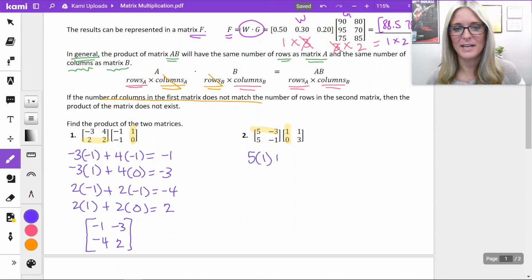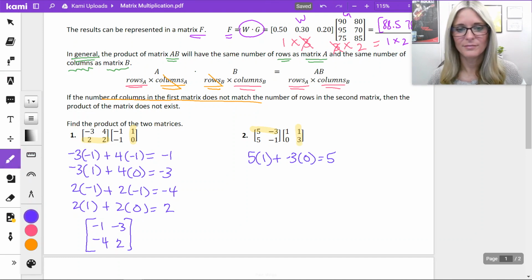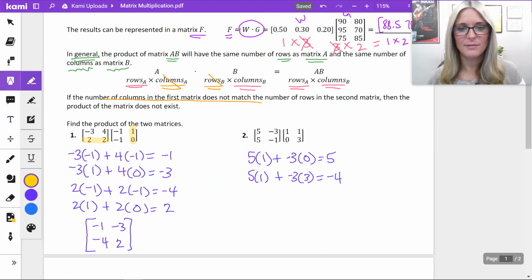5 times 1 plus -3 times 0 gives us 5. Do the next column. We have 5 times 1 plus -3 times 3 gives us -4. Moving down to our next row. Rows always come first, okay?